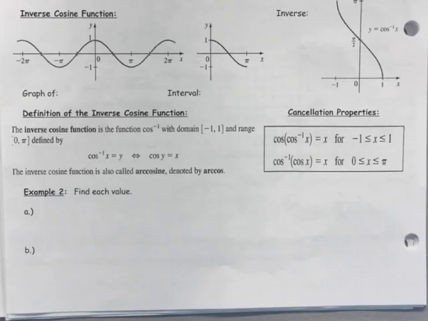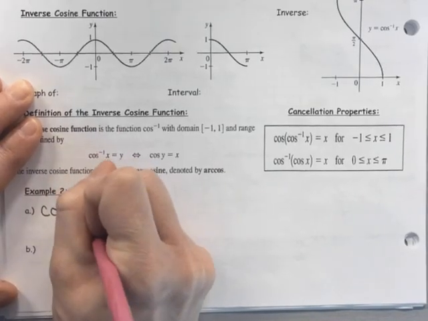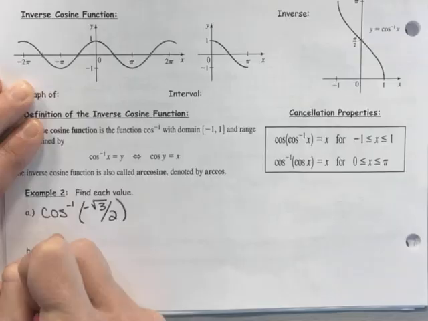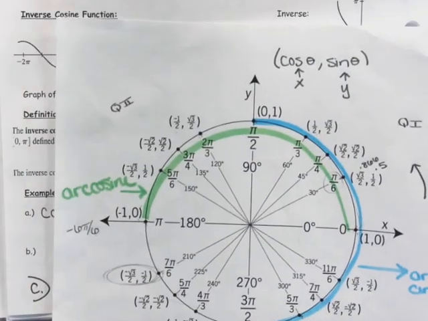Let's do a couple examples. Here we go. Cosine to the -1 of -√3 over 2. By the way, just so you know, there's going to be a part C. All right, so we're doing arc cosine of -√3 over 2. So look at your fly zone.